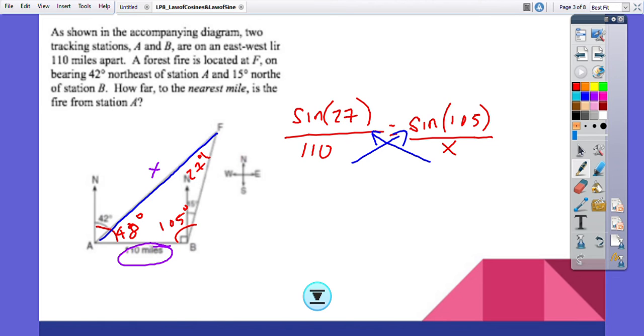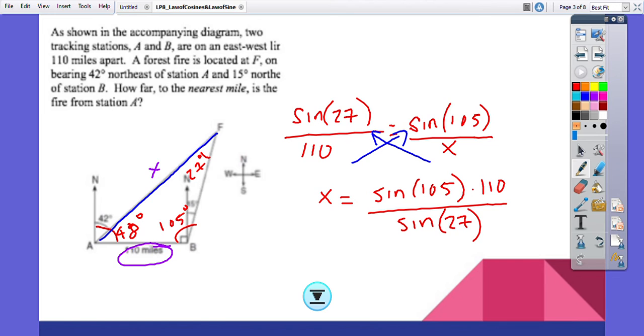But I'm going to use this trick. I'm going to say that x is going to be sine of 105 times 110 over the sine of 27.